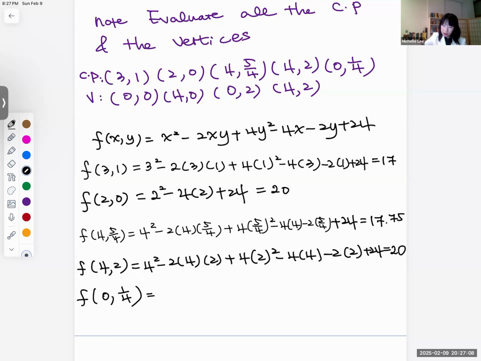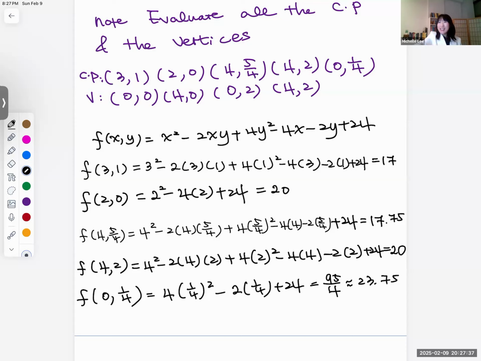This one has 0, so it's not too much. 0, 0, 4 times 104 squared minus 0, 2 times 104 plus 24 equals 95 over 4. So this is approximately 23.75.